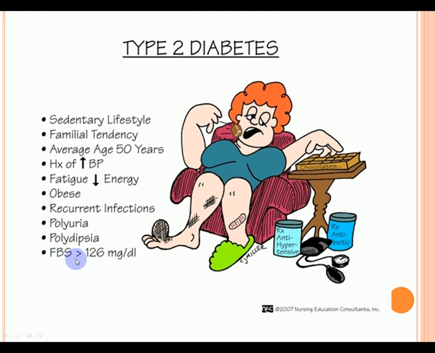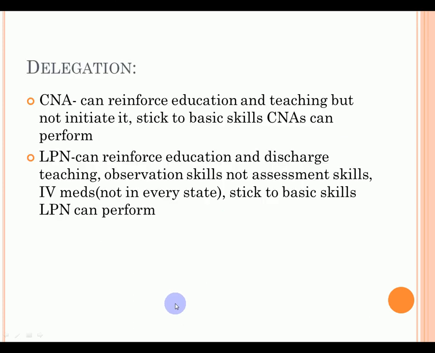Fasting blood sugars are greater than 126 milligrams per deciliter. So our typical picture here, you've got someone popping the chocolates, and they've got their antihypertensives, their antibiotics, they're all bandaged up, they got the sore toe, and they look like they have the typical sedentary lifestyle. So that just gives you some visuals.